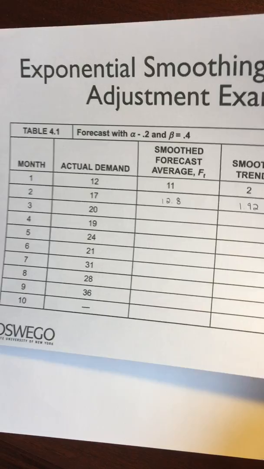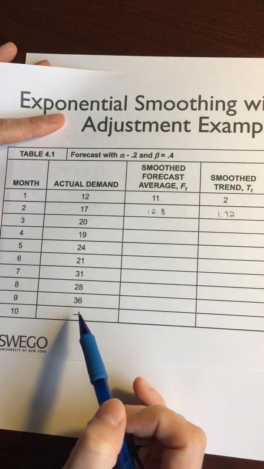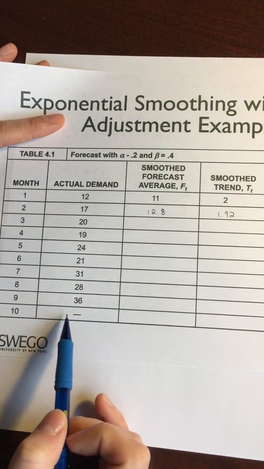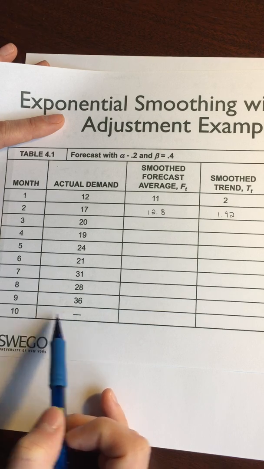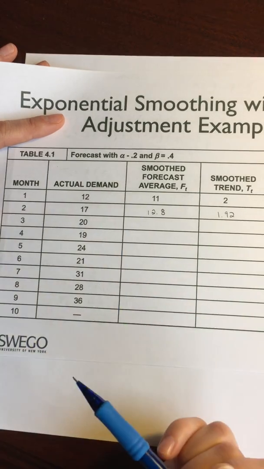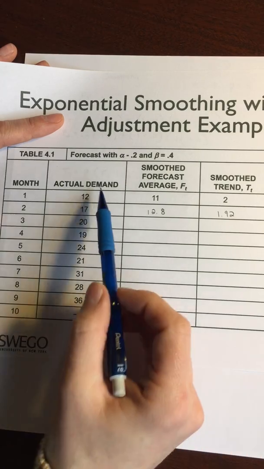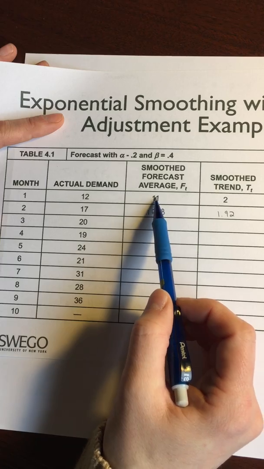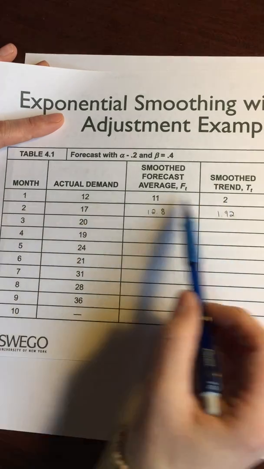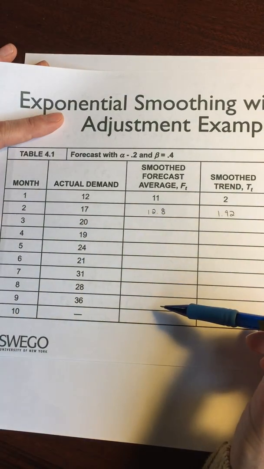So if you went through and did this model, and this is similar to the homework, because if we eventually wanted to get a forecast for month 10, what we have to do if we want to test out how accurate a model is, we have to start from the very beginning, and we have to use the actual demand and the forecast and the smooth trend from that first time period, and we have to work our way down.